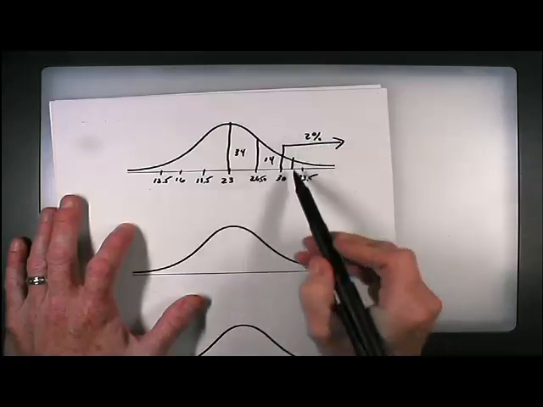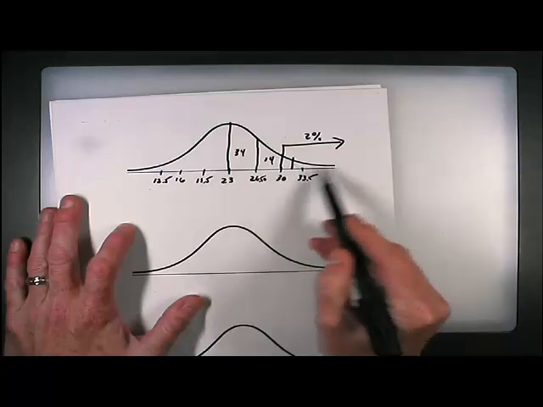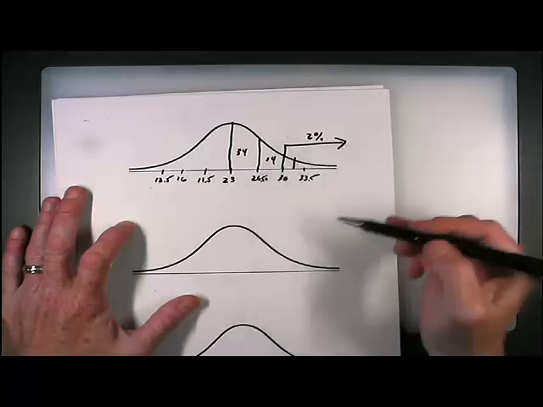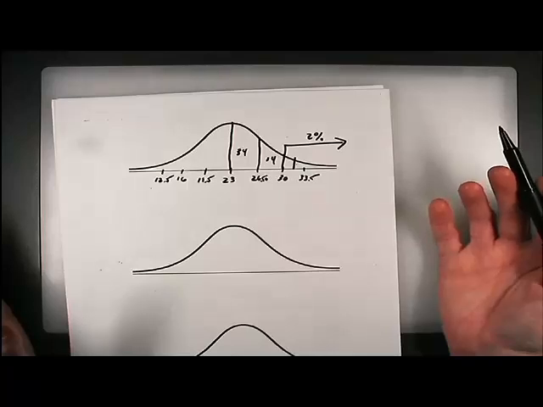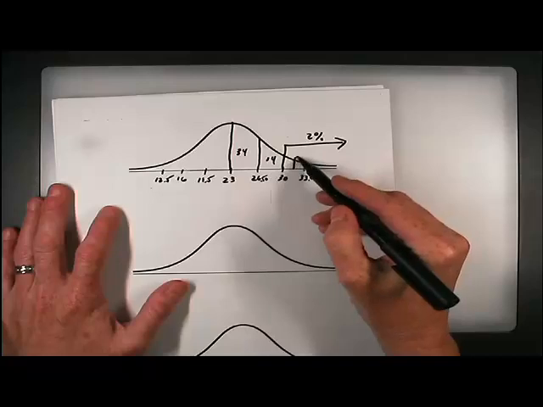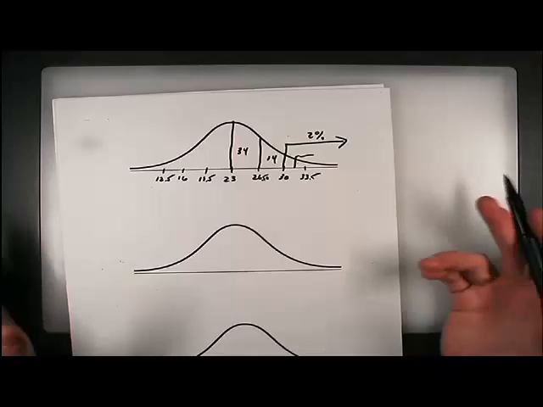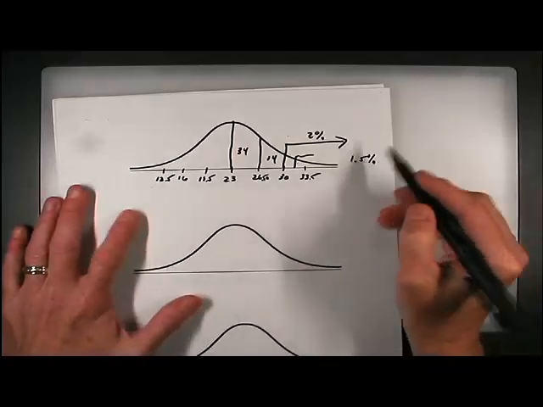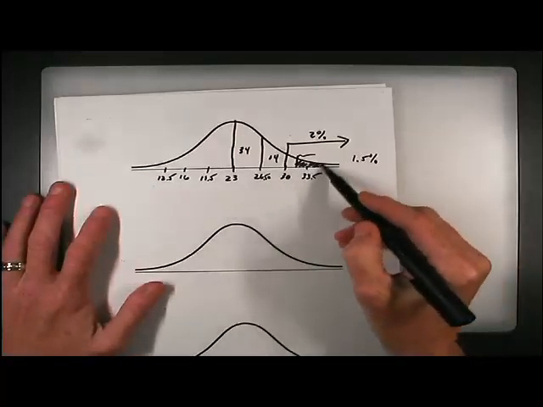So what you've got here is the smaller end of the 2%. It can't be more than 2%, so a good estimate would be 1.5%, something like that.